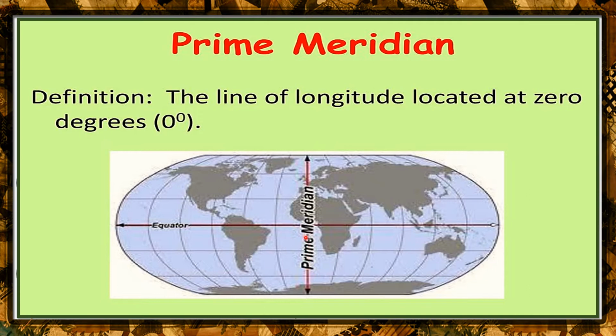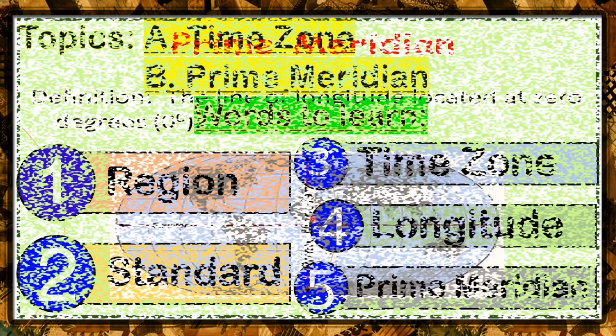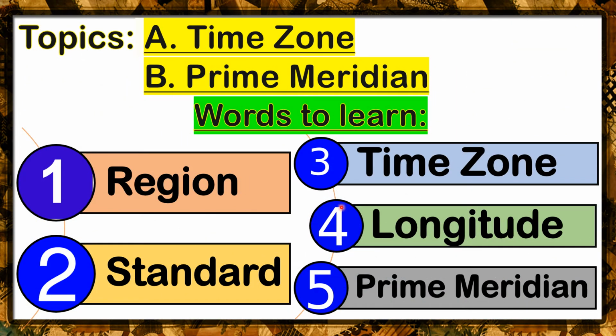This one is the prime meridian located at the middle of the earth, and you can find this in Greenwich, London. We are going to discuss this one later on when we read your book. So these are the 5 words that can help us understand our topic for today. Let's read them again. Region, standard, time zone, longitude, and prime meridian.